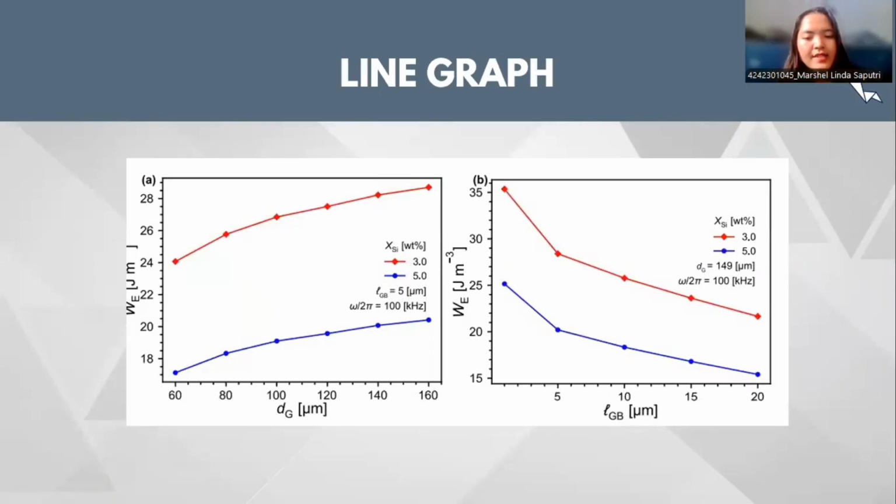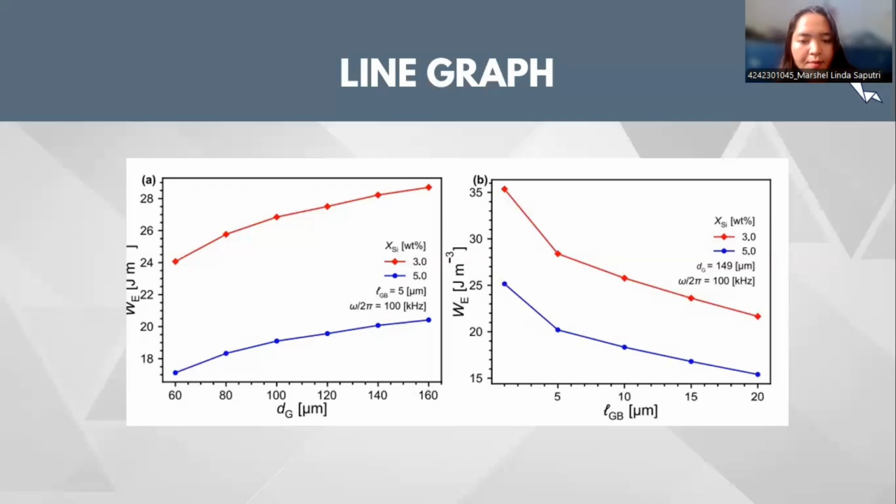Next is the line graph. Figure A shows that the energy density, WA, increases with increasing grain diameter for both compositions. The material with 3.0 wt% Si consistently exhibits higher energy density than the one with 5.0 wt% Si.